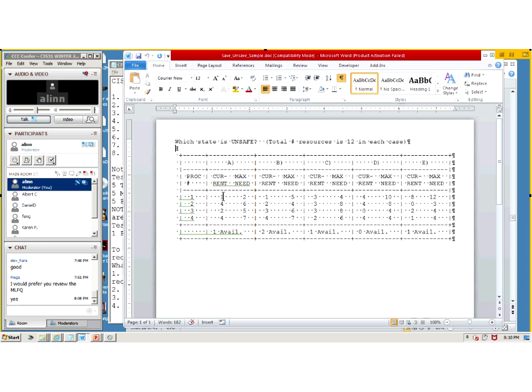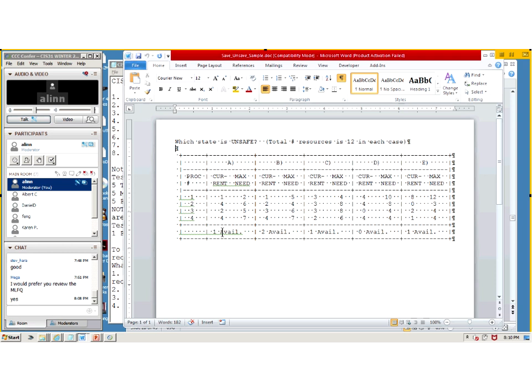They currently have this number. Process 1 has 1, process 2 has 4, process 3 has 2 of them, process 4 has 4 of them. So if you added up that, there'd be 11 that are allocated, and there's 1 available.